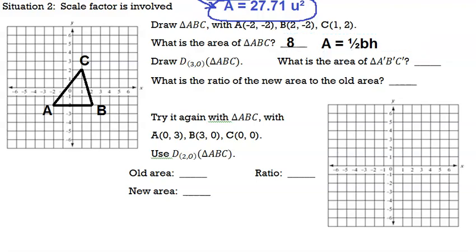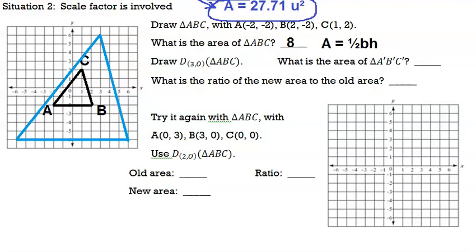Now, what if you did a dilation with a scale factor of 3? So now instead of point A being at -2, -2, now it's going to be at -6, -6. We are tripling each number in the ordered pair. And that's something we did in the last chapter when we talked about transformations. So we are taking -2, -2, and we're turning it into -6, -6, and so on.